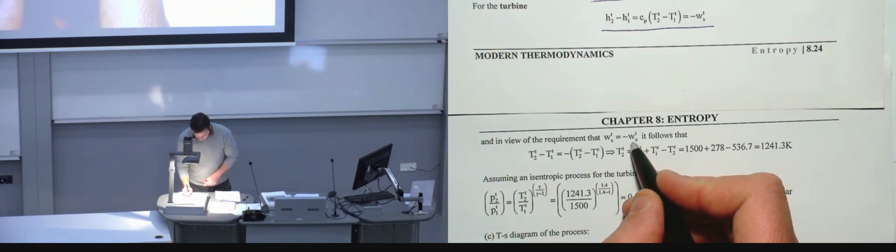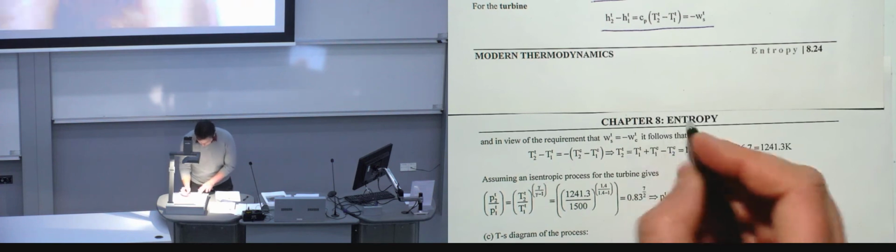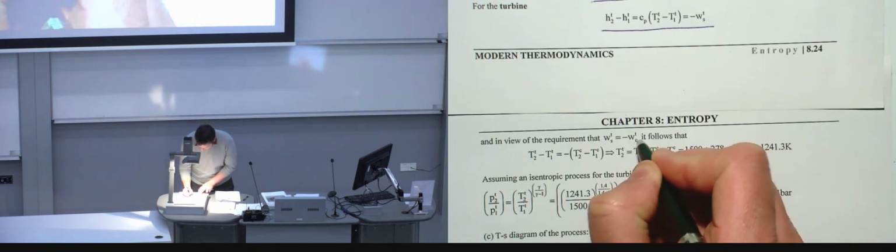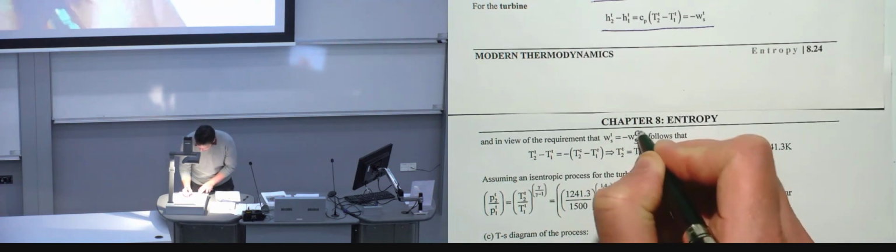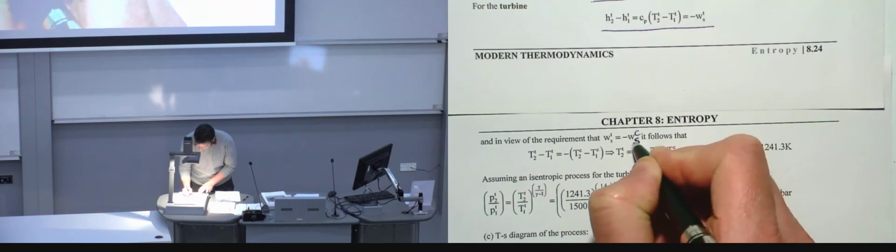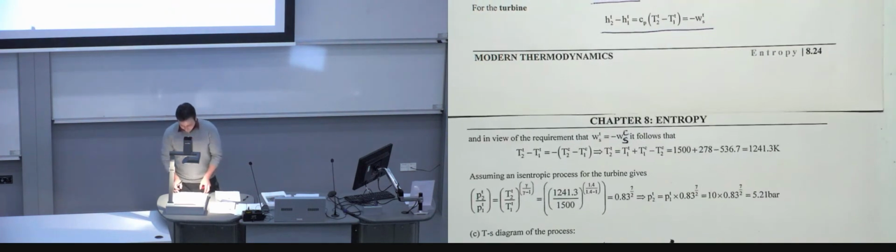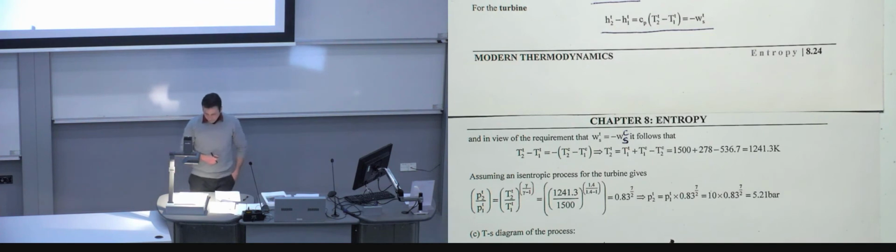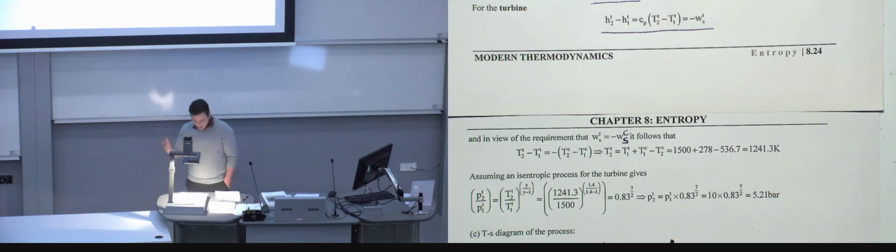This should be W shaft for the compressor. So all you notice here is that the shaft work for the turbine and compressor are just opposite to each other. And that is natural because of the direction of work.